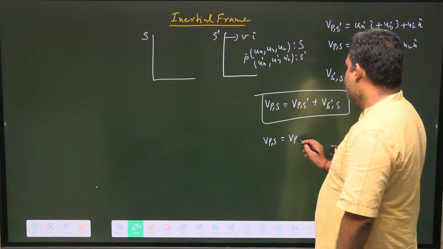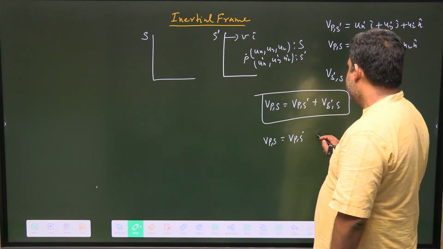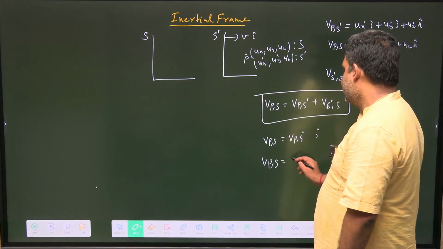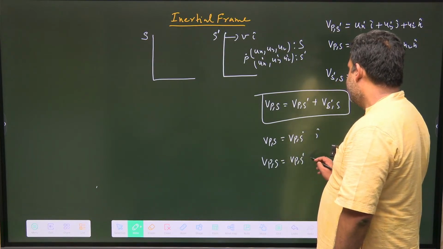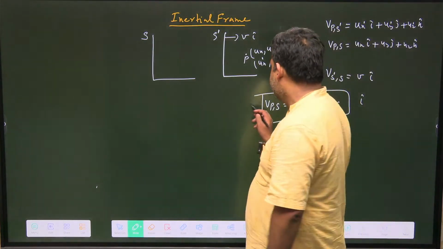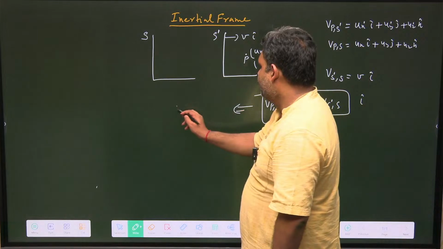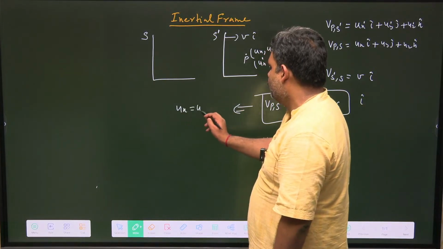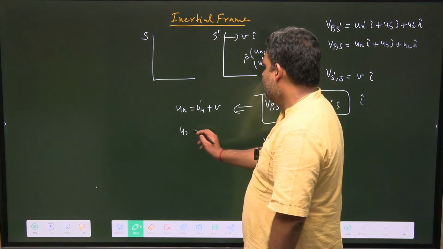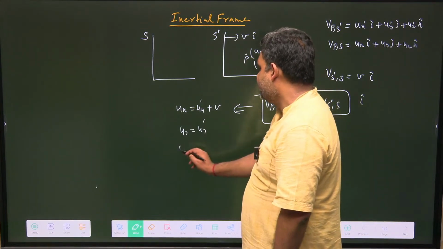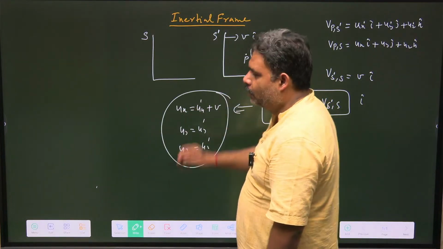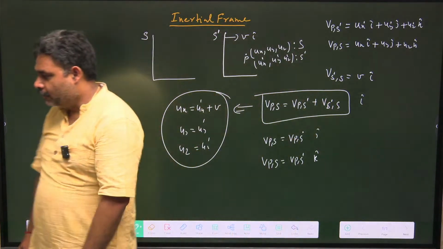That must be equal to velocity of particle with S dash in j cap direction, and in k cap direction likewise. So this can be written as ux is equal to ux dash plus v, and you can write uy is equal to uy dash and uz is equal to uz dash. So this is the story you can easily calculate here.